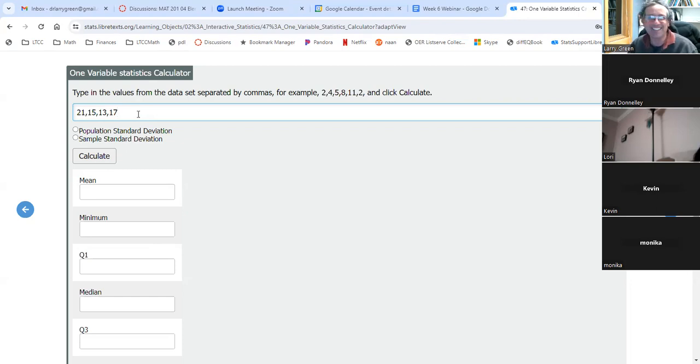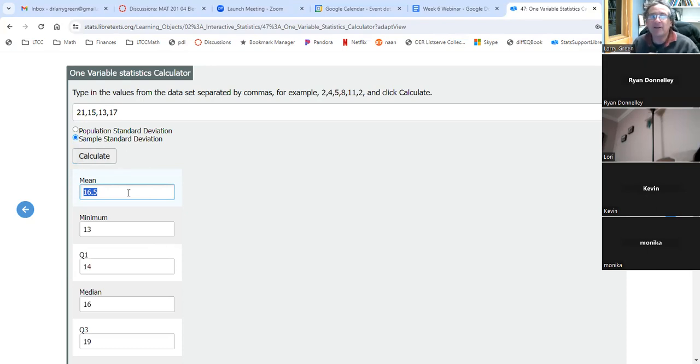But you get the idea. Okay, this is a sample. It's a sample of our class, or a sample of students. You can look at it this way, current students, and then hit calculate. The mean is 16.5, and the symbol we use is x bar.